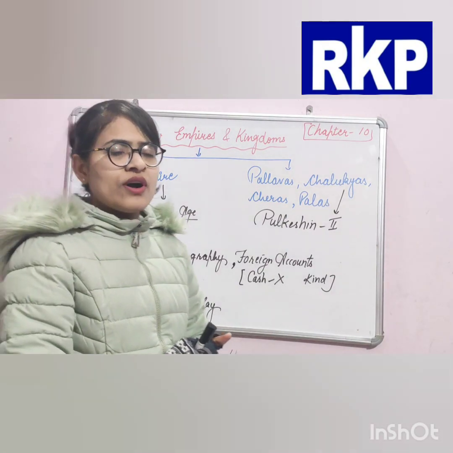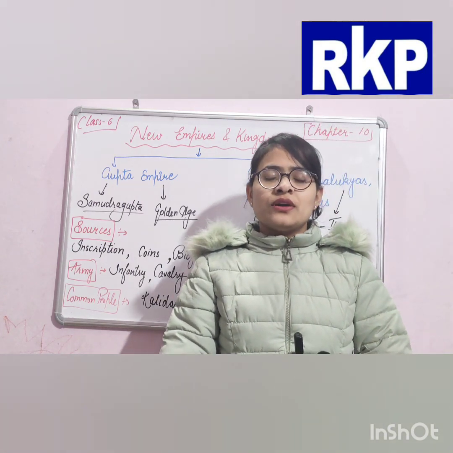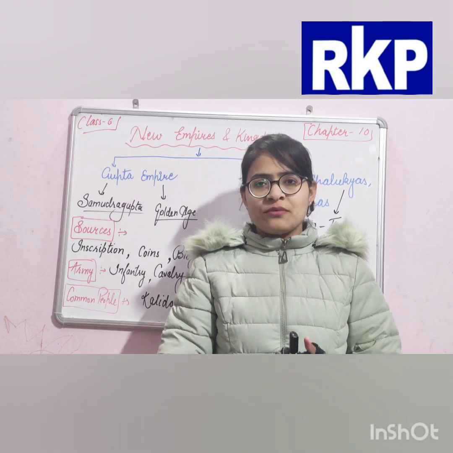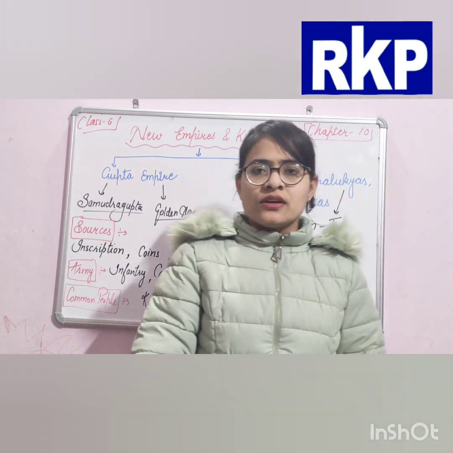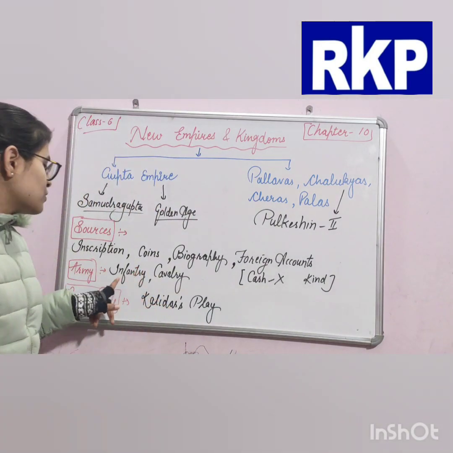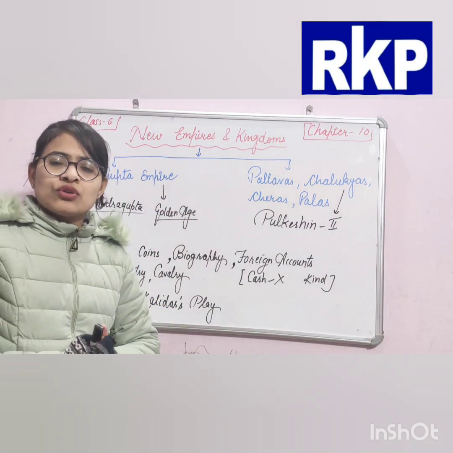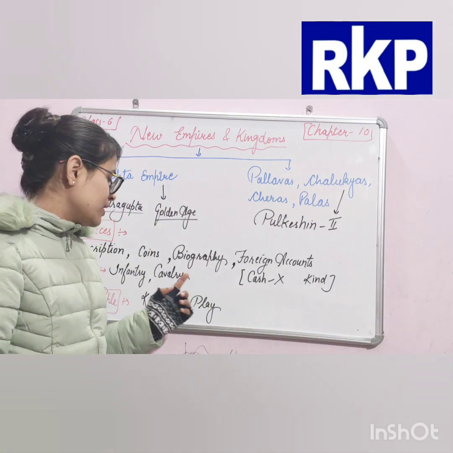What type of army did the king have at that time? A well established, well equipped, well managed army was established by the king. There were soldiers who worked on foot, and the foot soldiers were called infantry.